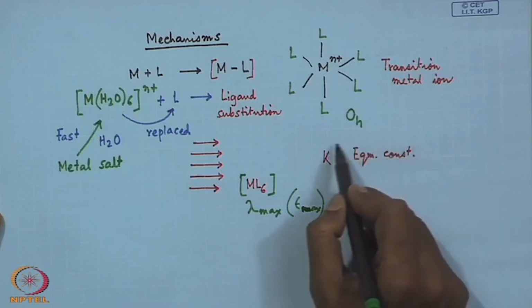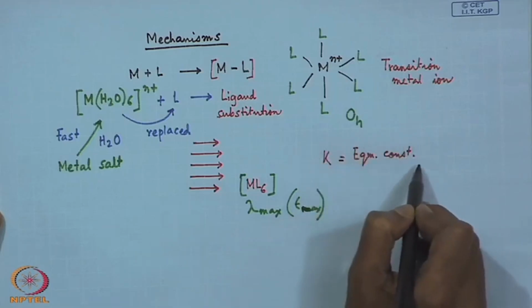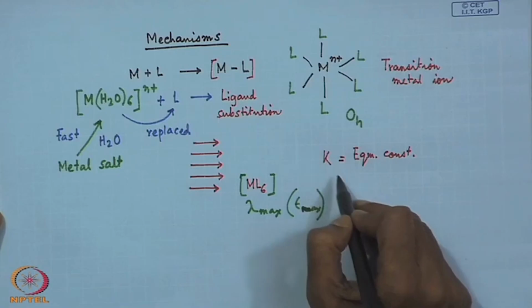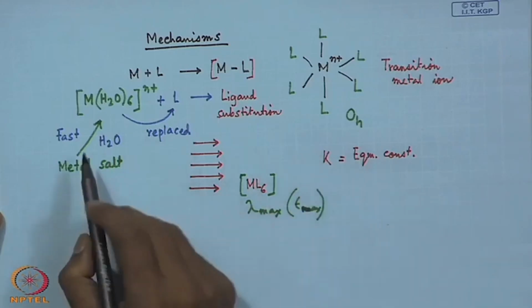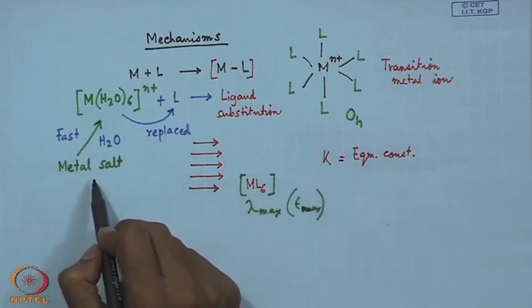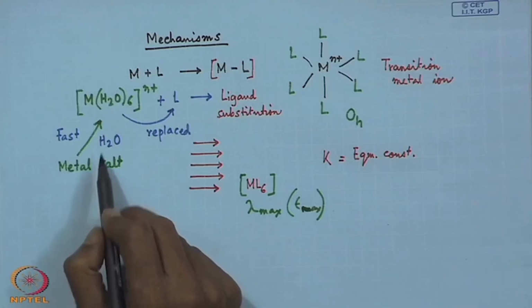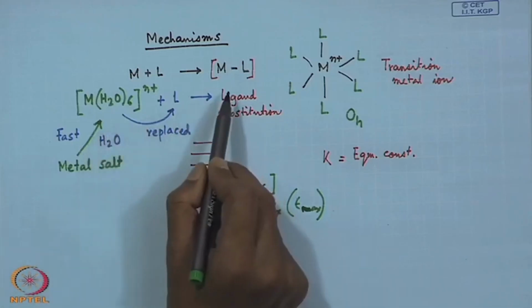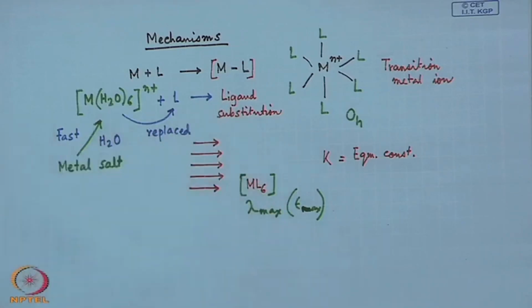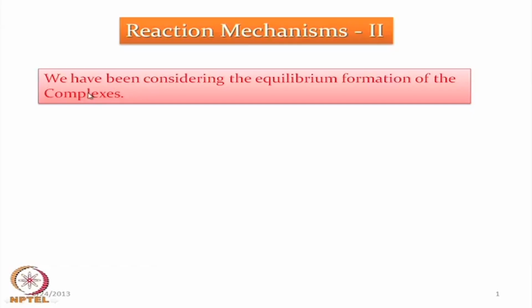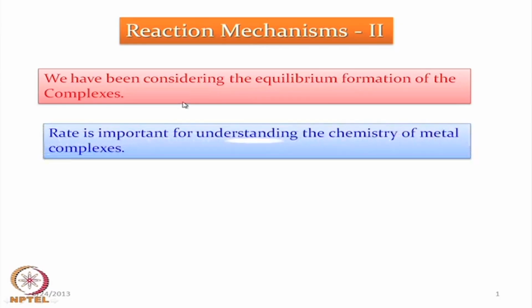So the equilibrium constant tells us the stability of the compound forming due to the ligand substitution reaction, by stepwise replacement of all the 6 water molecules by these ligands. When we consider this as the equilibrium formation of these complexes, the reaction mechanism will not tell us how quickly the equilibrium is achieved for the formation of this particular ML6 species.